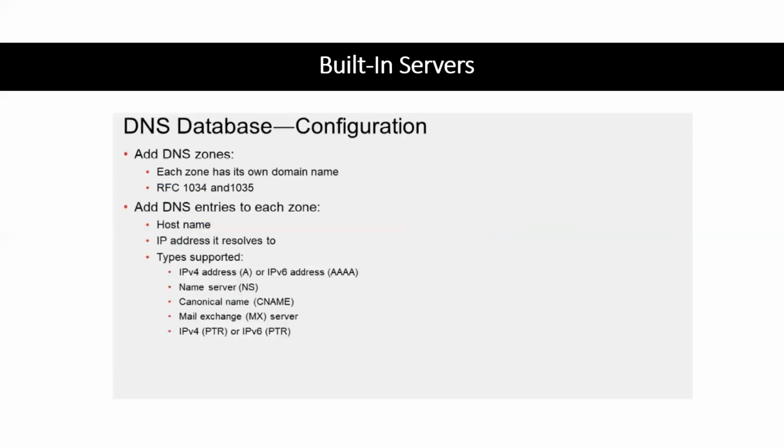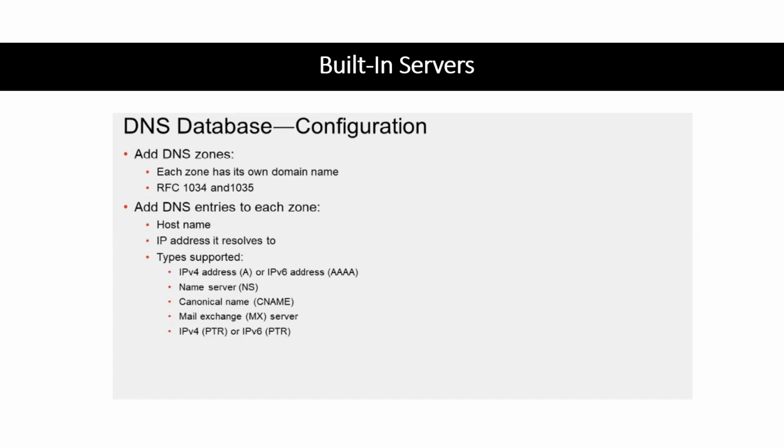So you have different options for using that DNS server option. You can set up that DNS database. You can add DNS zones. If you've ever played with Windows Server, you know that it's set up in different zones. You can add DNS entries to each zone. If you set it up as a forwarder, you can set that there too.